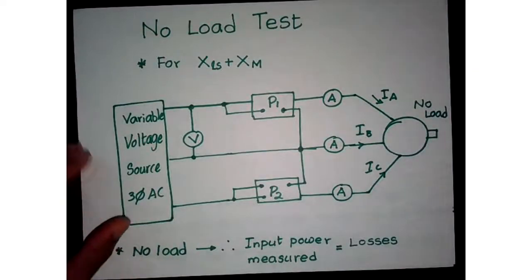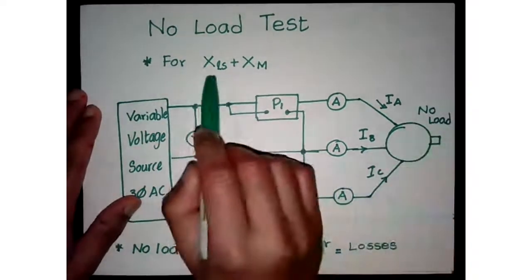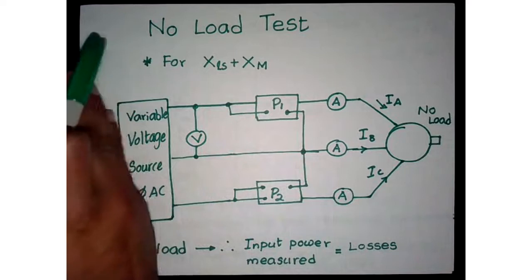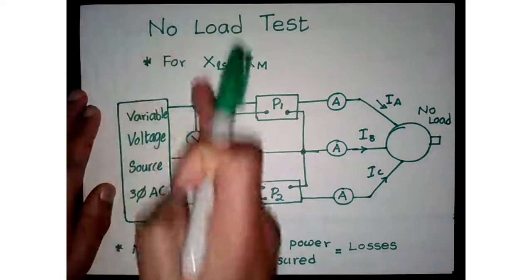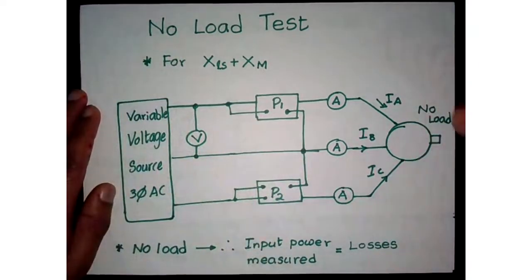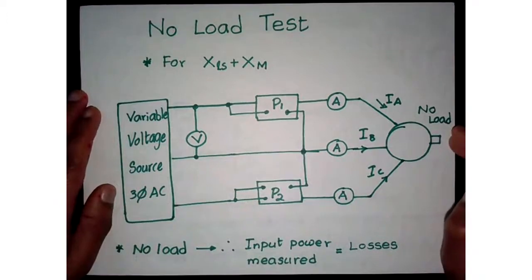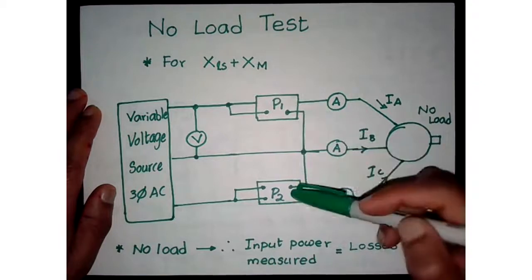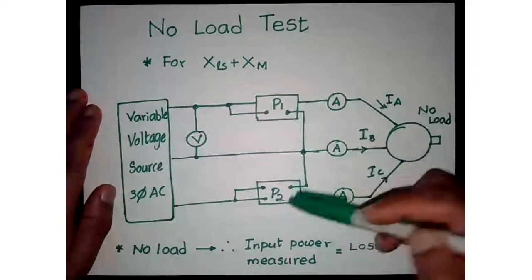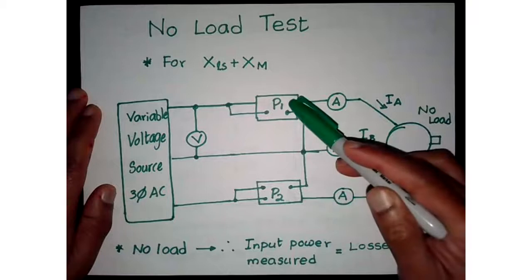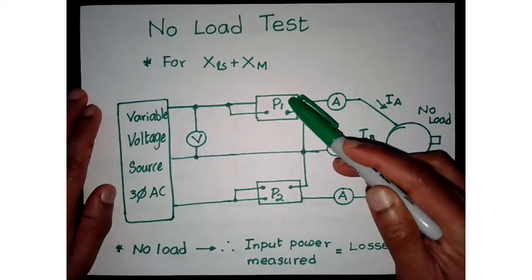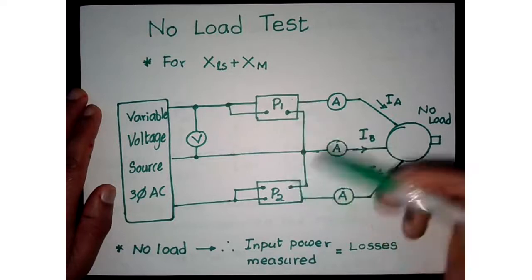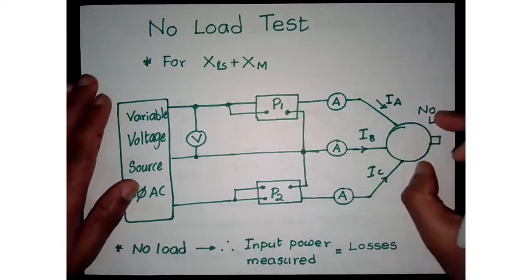Now, going into the no load test, we are basically trying to obtain XLS and XM. On the stator side, we have the leakage inductance and the magnetizing inductance, so the no load test will help us identify them. To perform it, you're going to need two power meters, connected in the following way to measure power from this phase and this phase with this voltage, and the sum of the two will tell us the total power going into the machine.